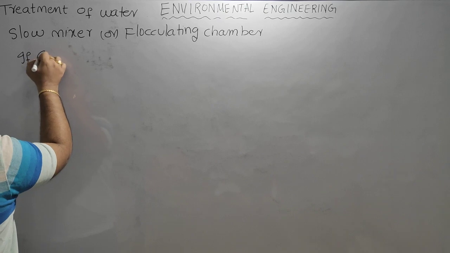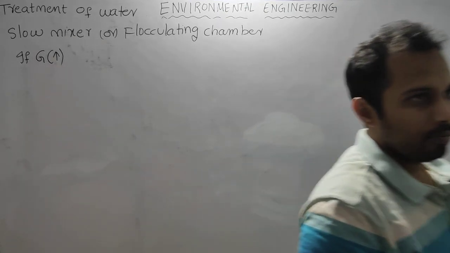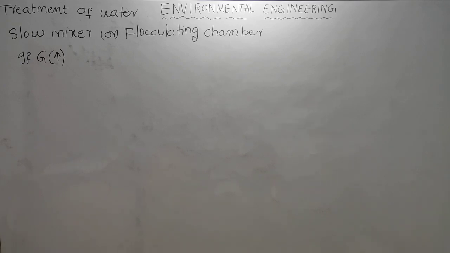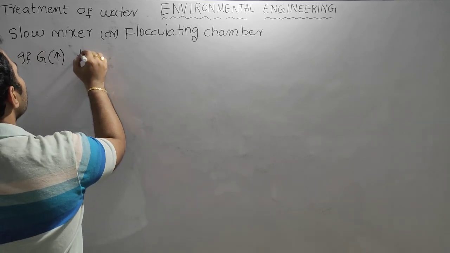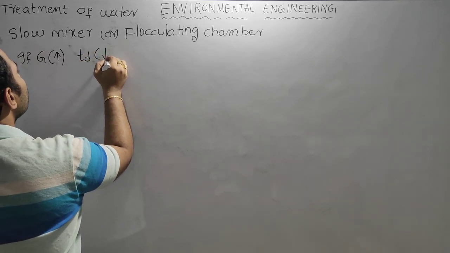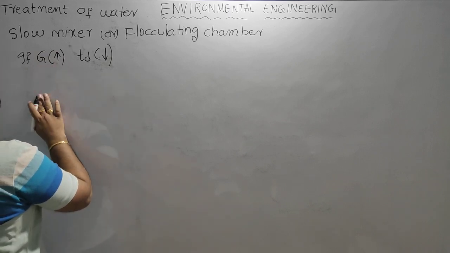If G is more and TD is less, that means G is more means what?